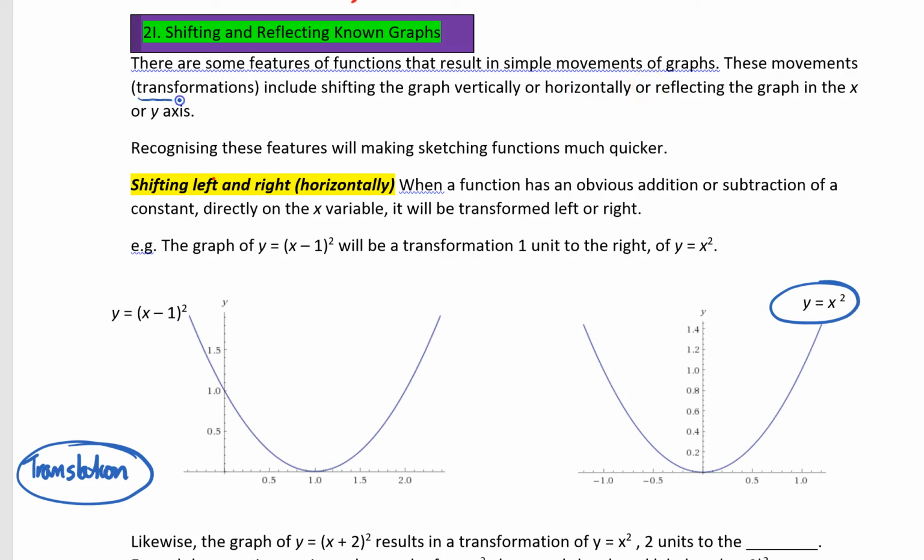These movements are called transformations. Just be aware of that word, because you might hear me use it. You might hear me in the future say, remember the adding a constant will transform it to the right or to the left, whatever. And recognising these common features makes sketching functions much quicker.